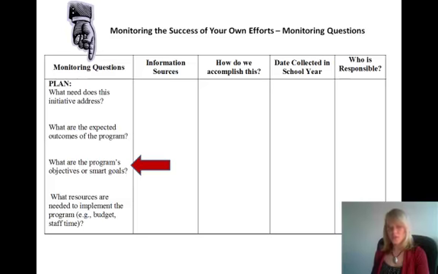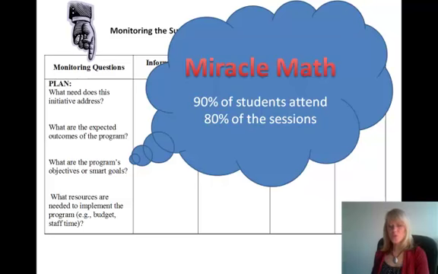In our Miracle Math example, one goal related to the implementation, which was reflected as an intermediate goal on their logic model, was that 90% of students would attend 80% of sessions offered. Since there were only 5 sessions planned, that means that nearly all the students were expected to attend at least 4 out of the 5 sessions. That seems reasonable, but it does mean that planners would have to see that there was a way to help students make up any missed sessions.